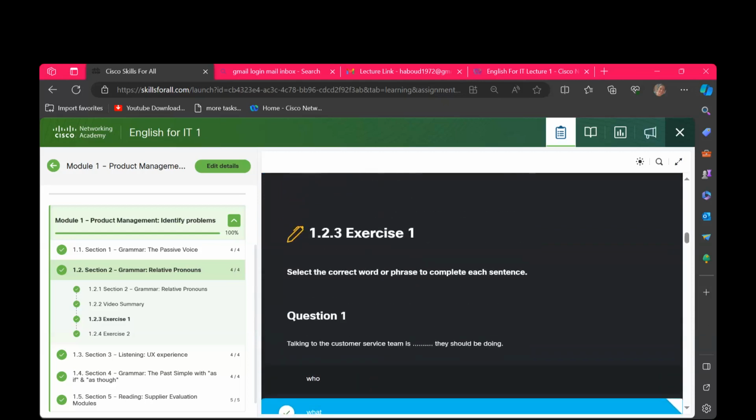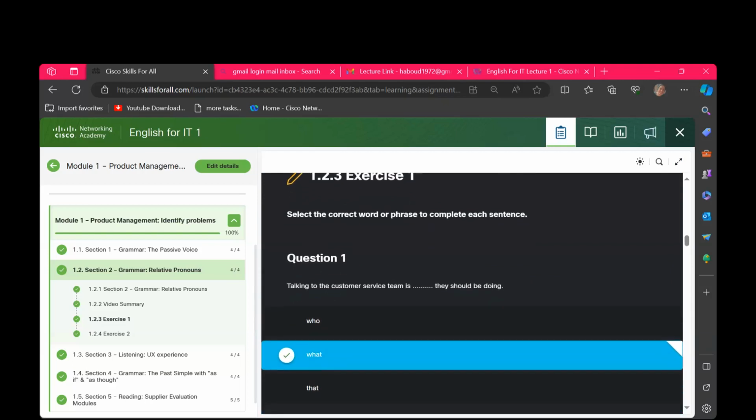Exercise number 1. Select the correct word or phrase to complete each sentence. Let's see if we can choose the correct answer. Number 1. Talking to the customer service team is who, what, that they should be doing. What do you think the correct answer will be? We can't choose who because this is non-human, and what is the correct answer we will choose, because this is the thing we should be doing.